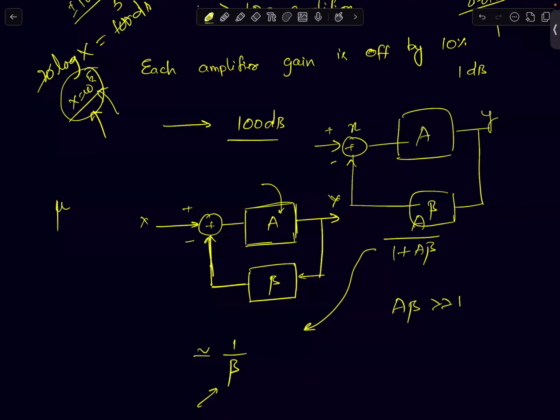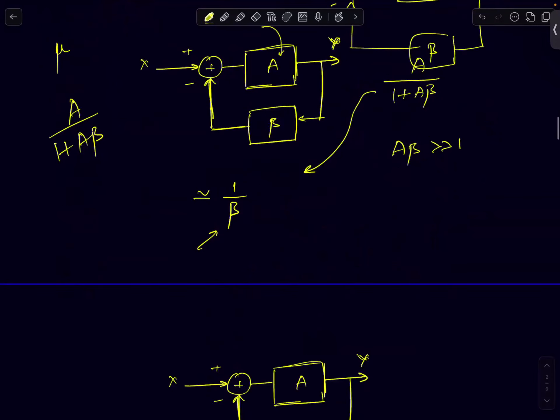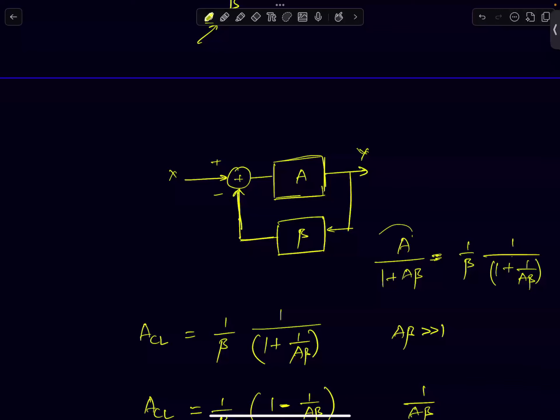So if you are given an amplifier like this, where a part of the output is fed back to the input, you can just write some equations for this. And because you have done control systems already, I can directly write the total gain is A by 1 plus A beta. I'm going to call this gain ACL, closed loop gain.